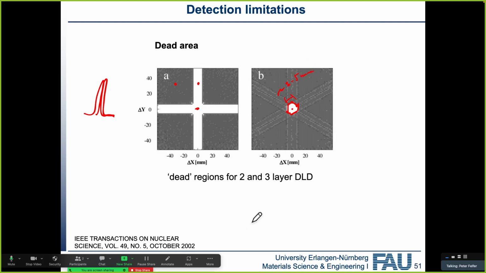The reason being that the electron cloud typically moves, or the electron wave typically moves with about 1 millimeter per nanosecond. And the pulse width is in the range of 2, 3, 4 nanoseconds. Let's say 4 to 5 nanoseconds. And so typically, if it's a distance closer than that, then we can't really distinguish it.